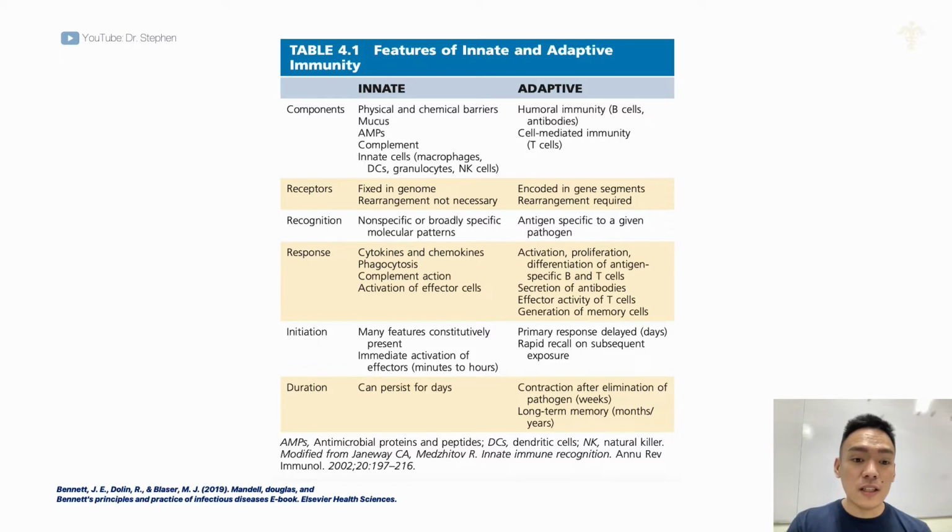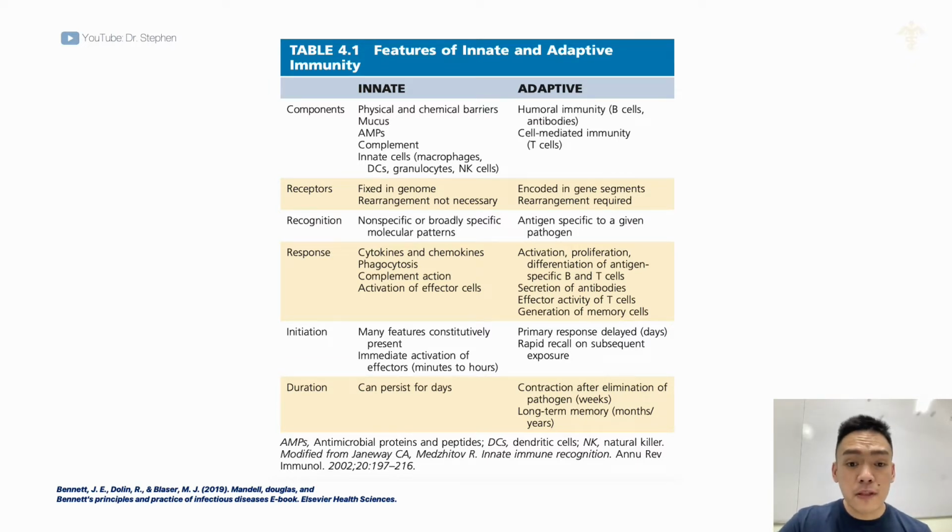For initiation, for the innate immune system, there is immediate activation once it reaches the surface, mucosal surface, your skin, any of these organs, for minutes to hours. For adaptive, the primary response will be delayed, such as for coming days, okay?